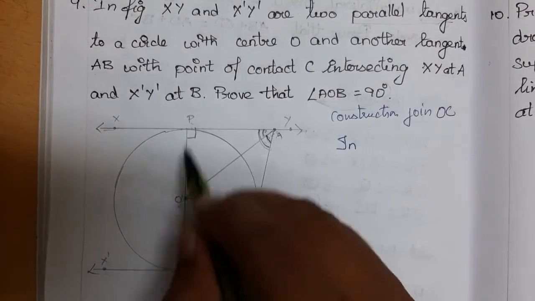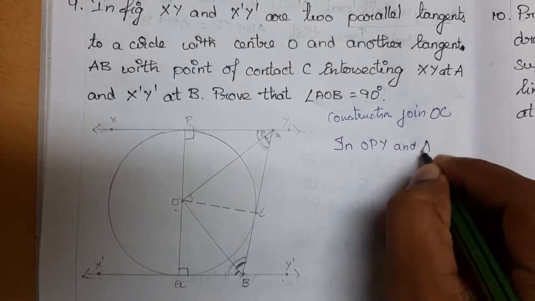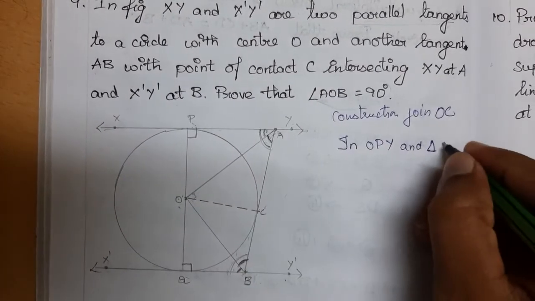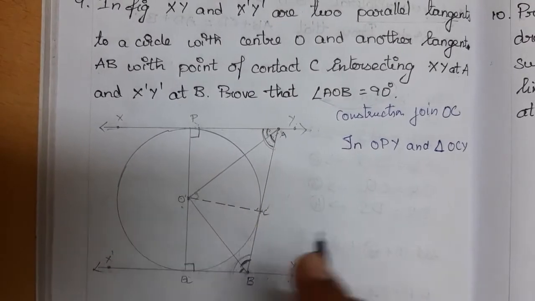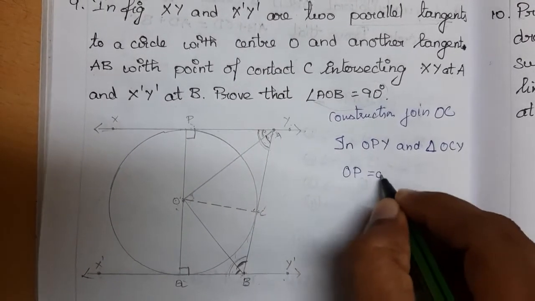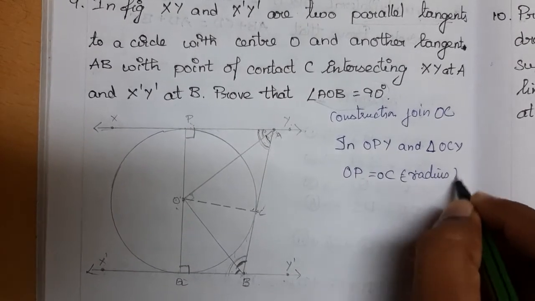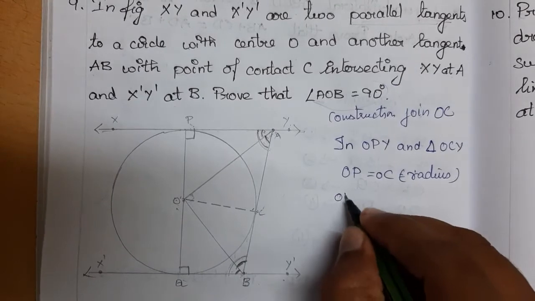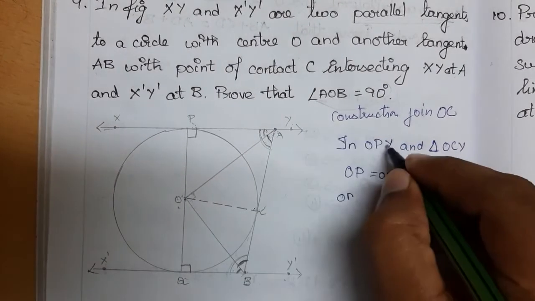So in triangle OPA and in triangle OCA. So OP and OC are same since they are radii. So OP is equal to OC, which is a radius, and OA is common. Here I had written Y, sorry, it's point A, right?